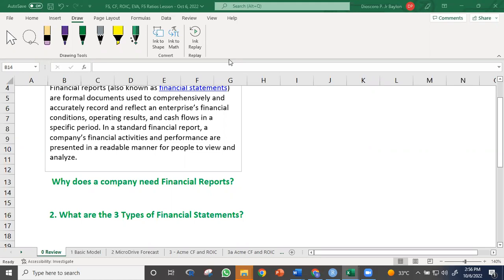They of course would want to see if the firm is performing well, because they can decide either to sell their shares of stock or buy new shares, depending on their risk appetite and their goals as investors. So it's important for management to provide shareholders fairly presented financial statements.